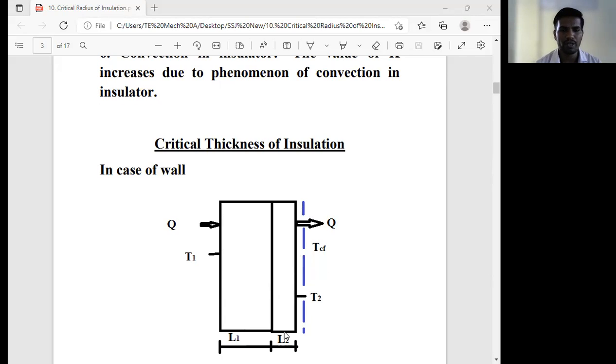According to that we have to draw this diagram. Heat transfer through that particular plane wall is Q. T1 is the left-hand side temperature of the wall. T2 is the outside temperature of the insulation. T_CF is the temperature of the air.